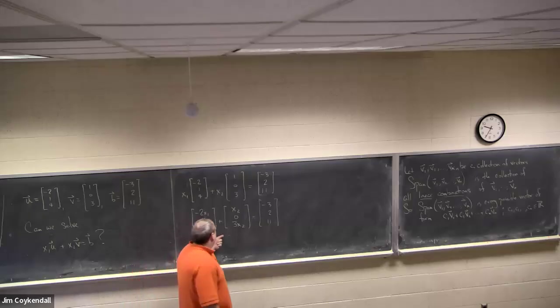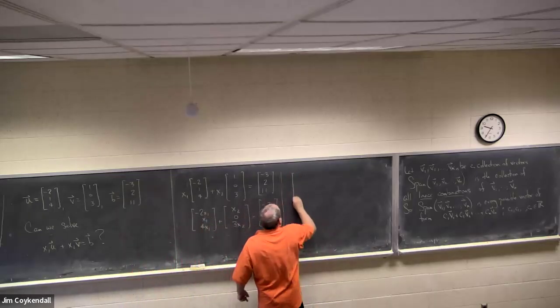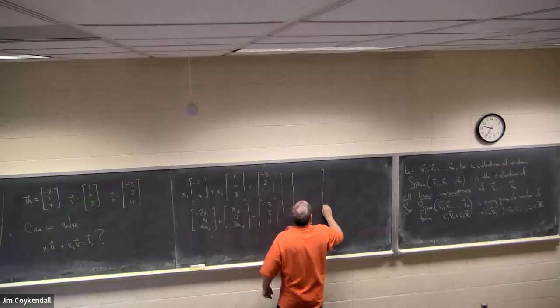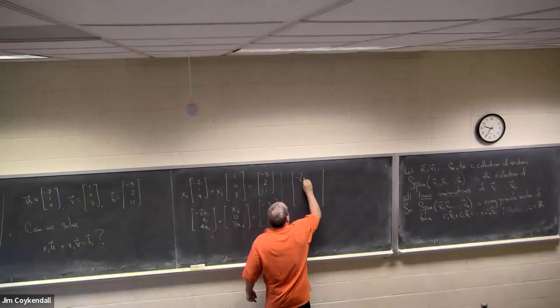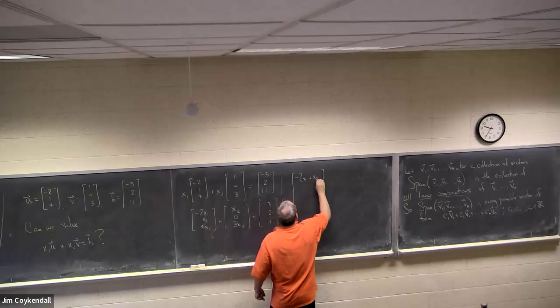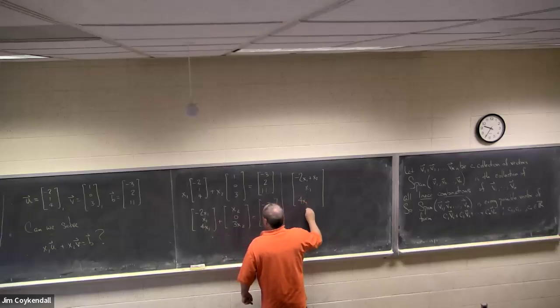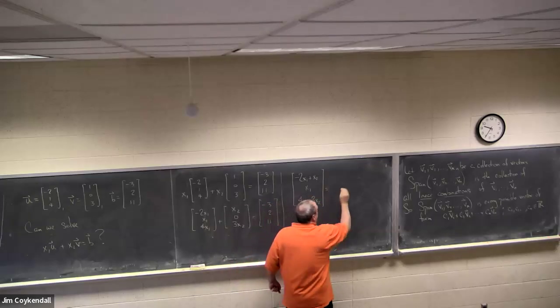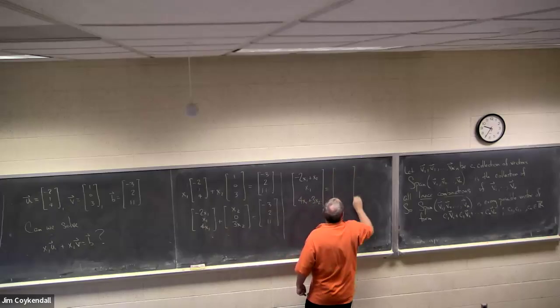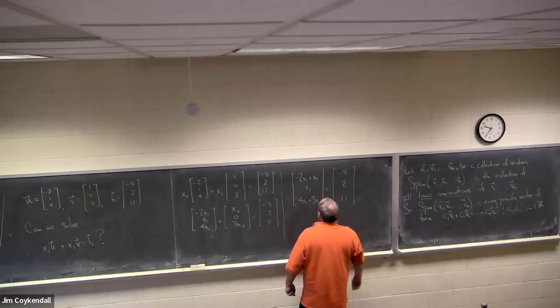Let me once again rewrite this. I can write this as a single vector on the left side: (-2x1 plus x2, x1, 4x1 plus 3x2), and this is equal to (-3, 2, 11).